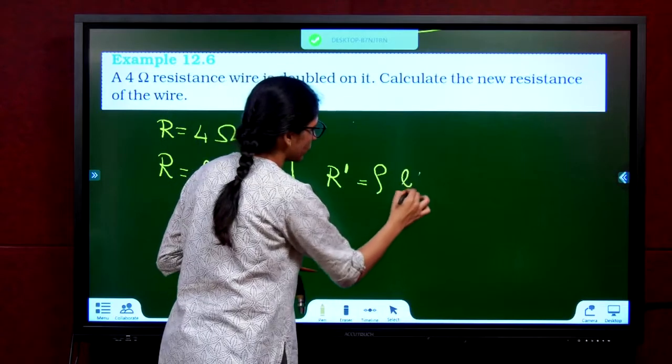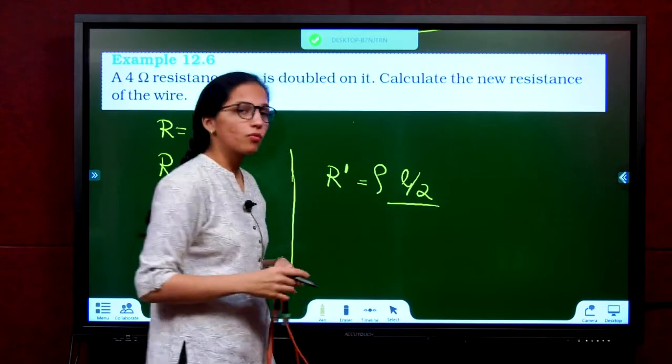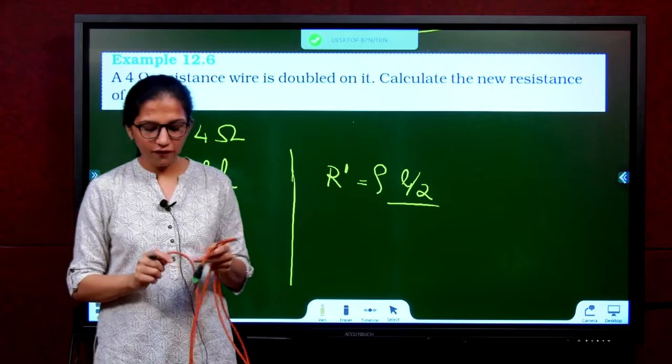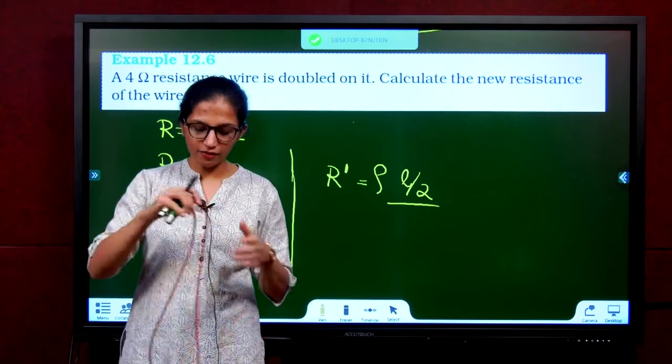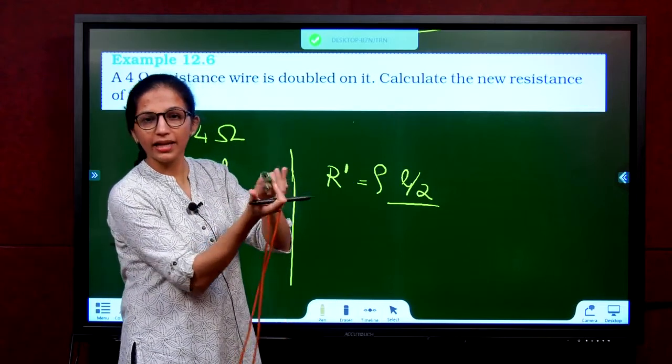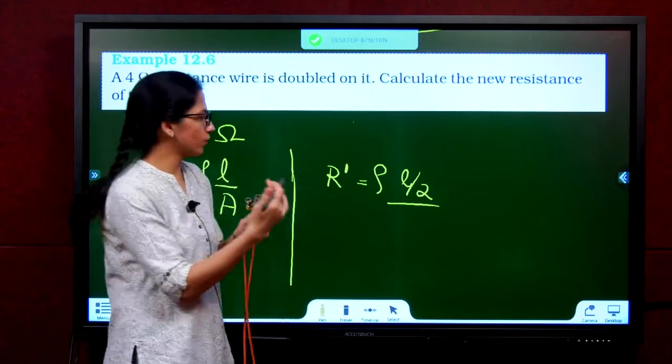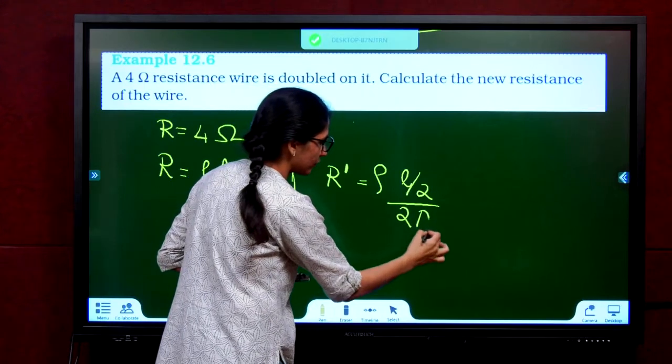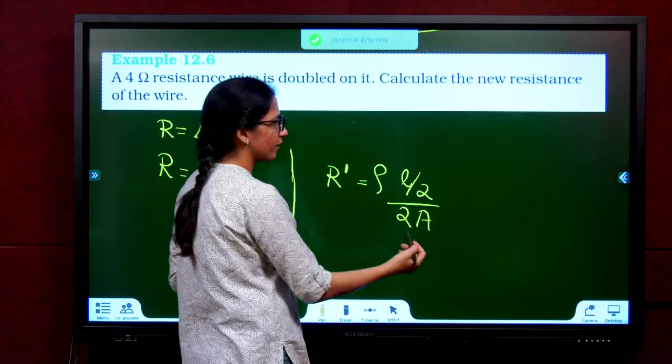L by 2 divided by, what happened to the area? Individually it's only this much. If I combine these two, what happens to the area? It becomes into 2. So area has become 2A. Now what happens over here?